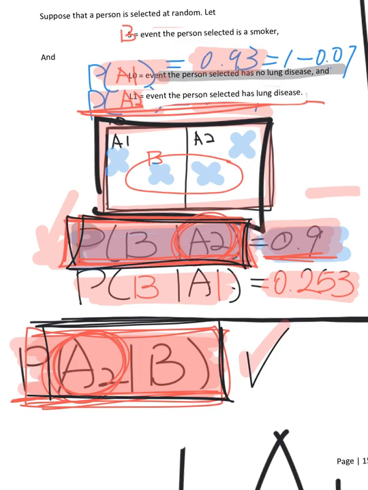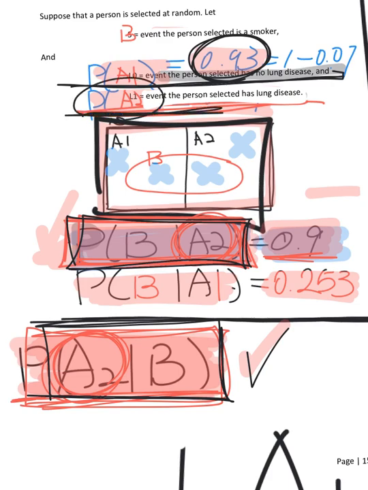Okay? So please remember, we need the marginal probability of A1. How much was that? 0.93. Please copy it, keep the probabilities, we need them. And the other marginal probability, of A2.